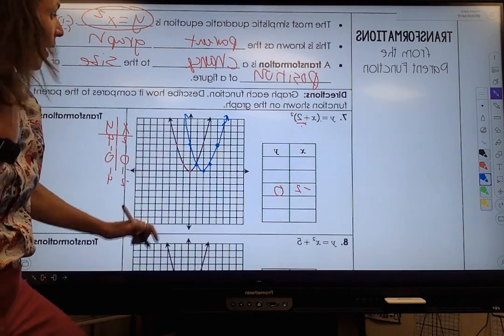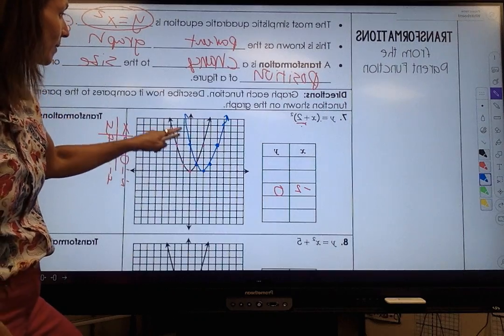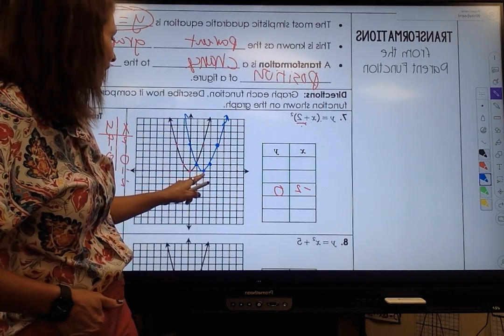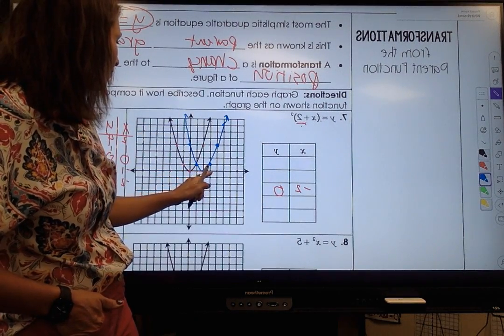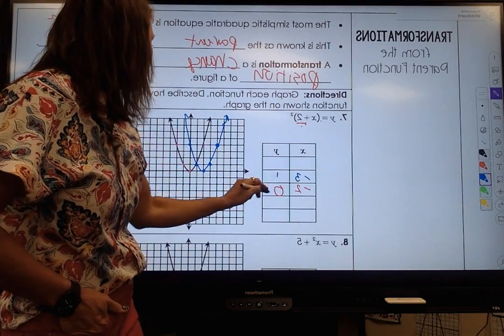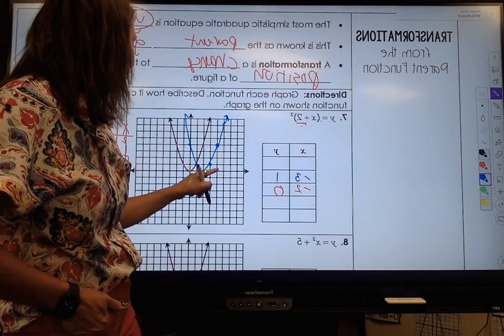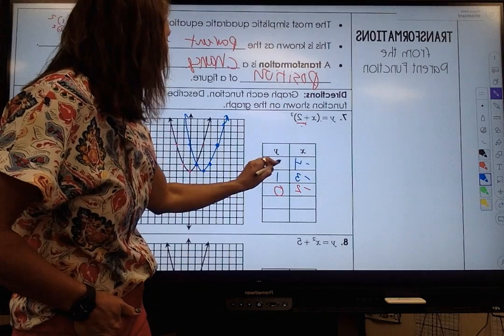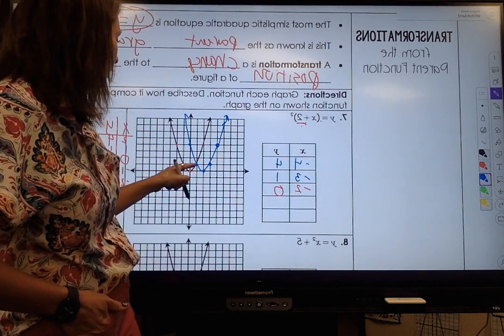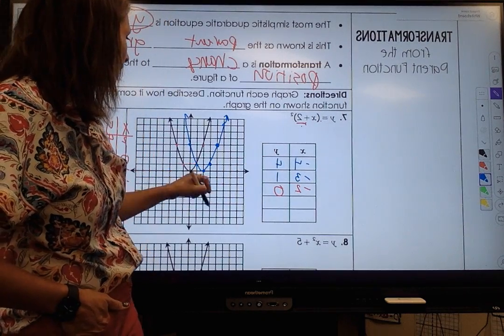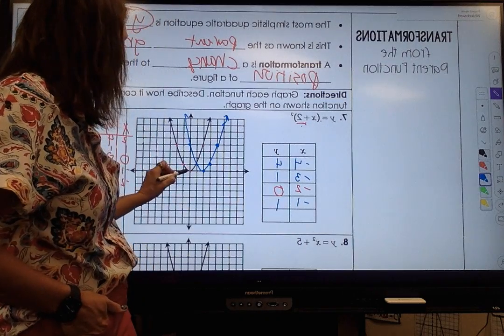Okay. And now I'm just going to name those new points. So I have -2, 0. I have -3, 1. I have -4, 4. And then I have -1, 1. And I have 0, 4.